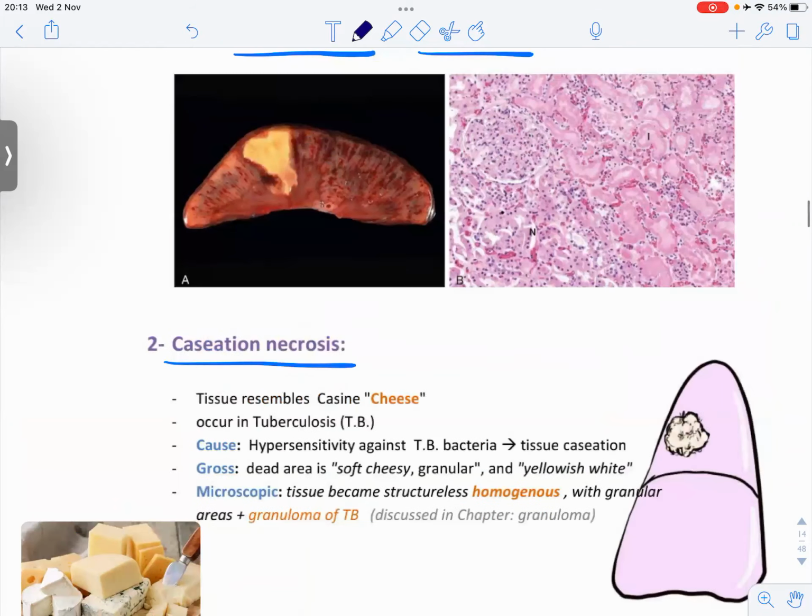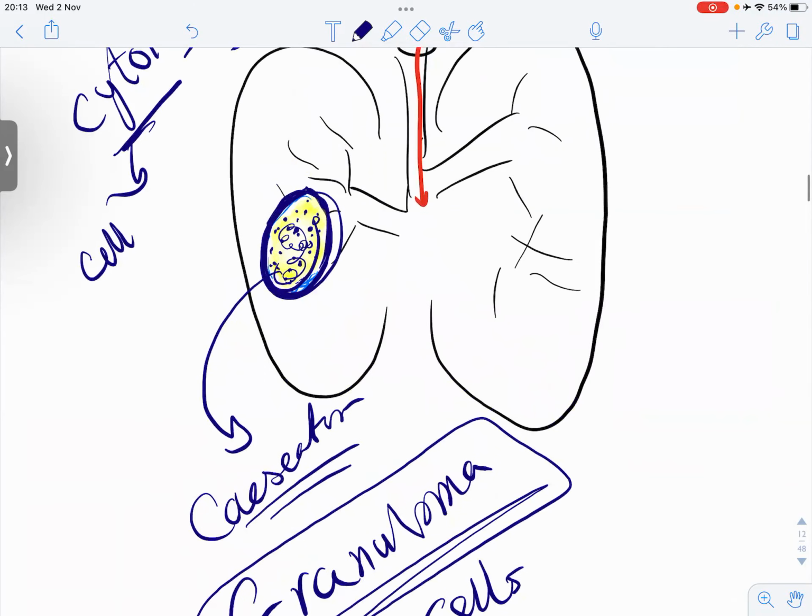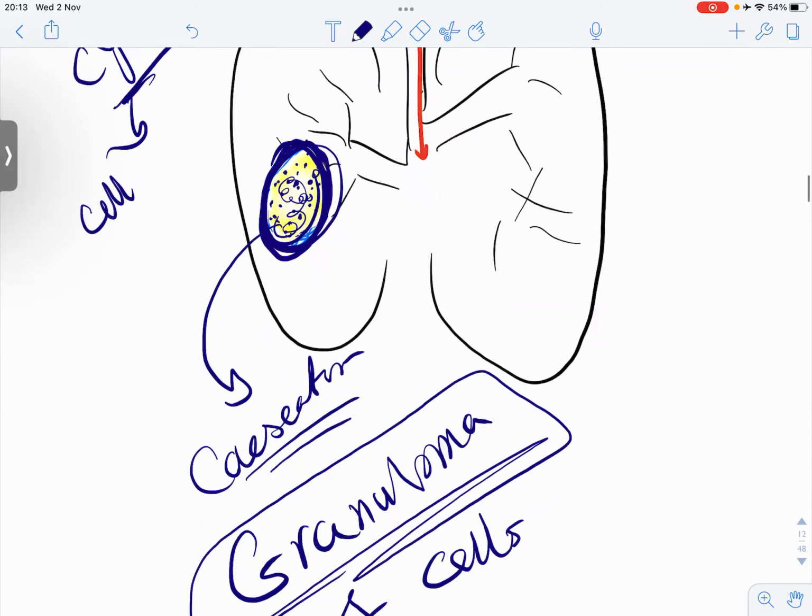And of course, here it's homogeneous. What does homogeneous mean? It means that this part will lose its normal structure. It's structureless. So it's homogeneous, yellowish in color. So for caseation necrosis, we have to know three things: cause, shape, and example.